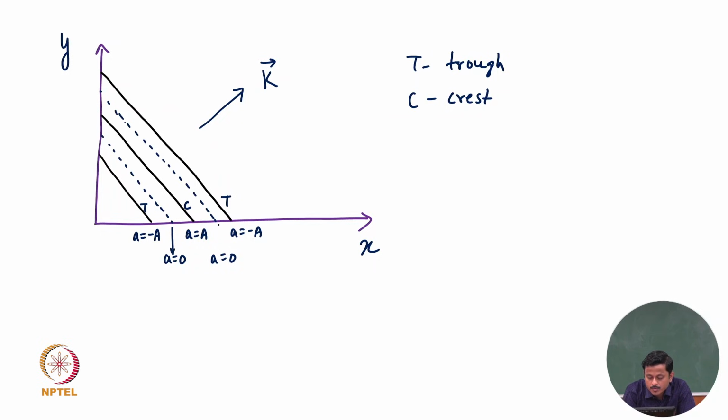So these are the positions where amplitudes are 0, and this is at one instant. T means trough, C means crest. And this wave number vector is aligned at a certain angle to x.